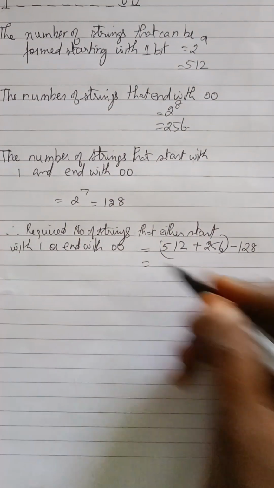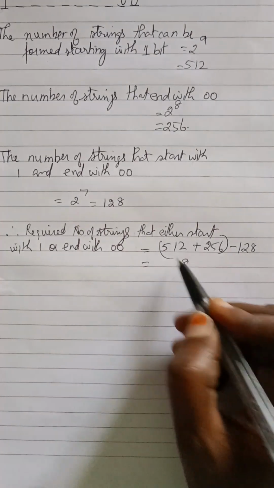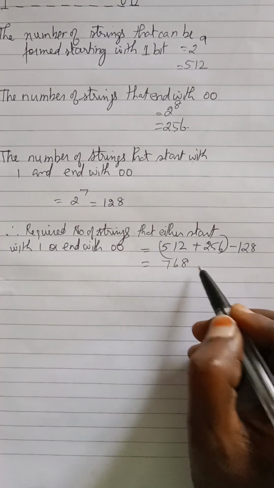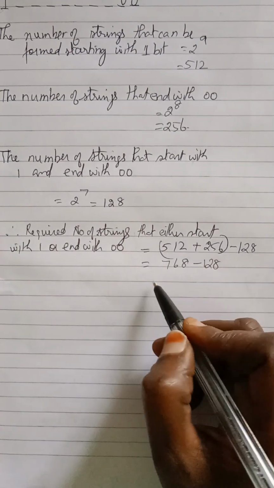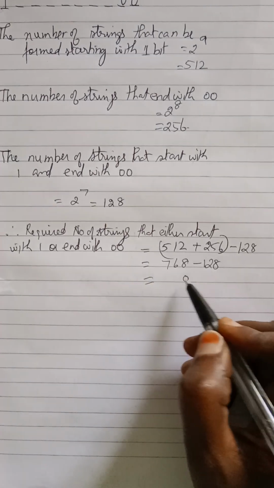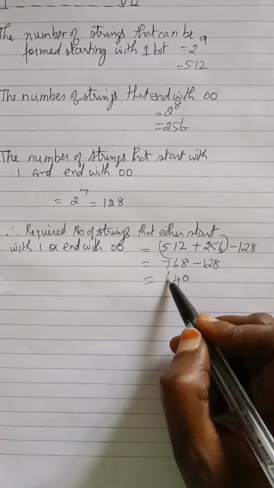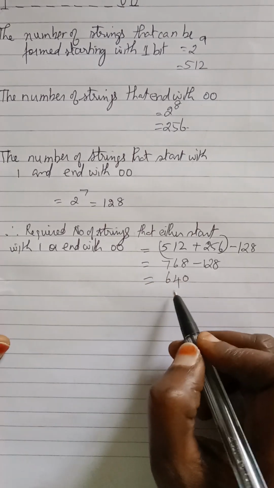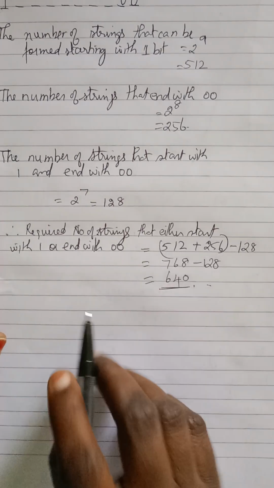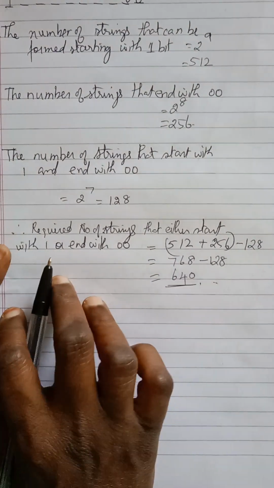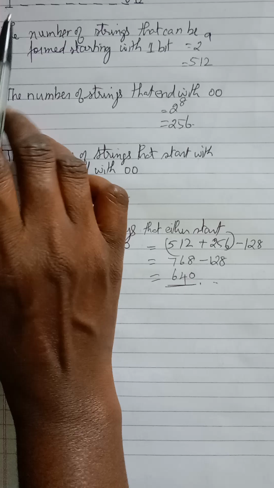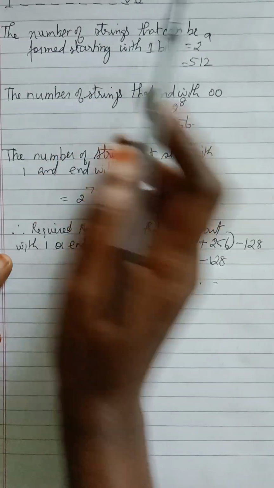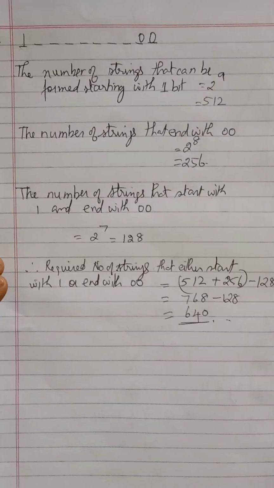So this value would be 768 minus 128, which is equal to 640. So this is the actual number of strings that can be formed that either start with 1 or end with 00.